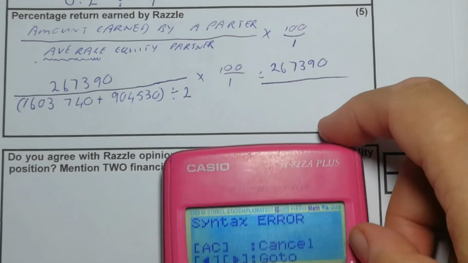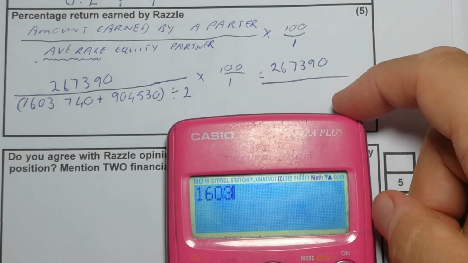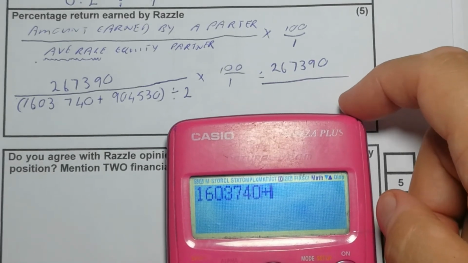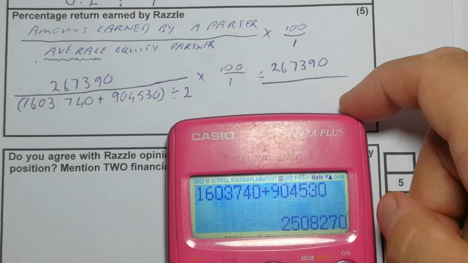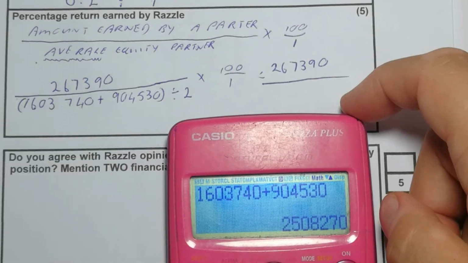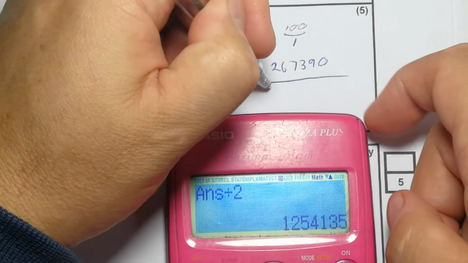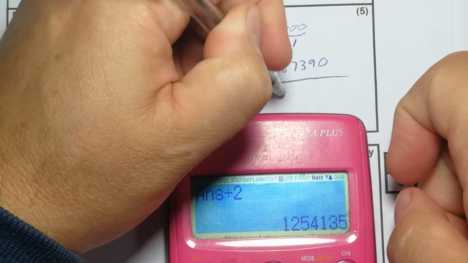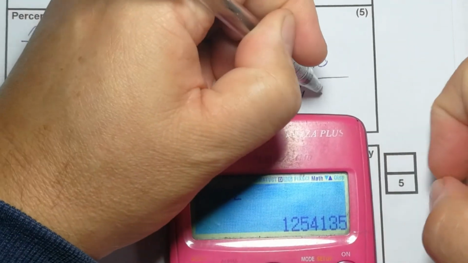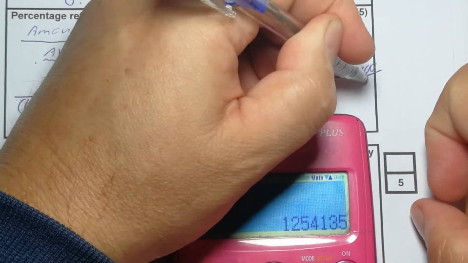And according to our BODMAS rules, we have to do everything in brackets first. So 1,603,740 plus 904,530 equals that amount. But what do we need to do? Divide that by 2. Gives us an average owner's equity of 1,254,135 times 100 over 1.